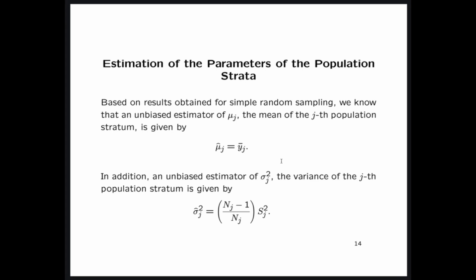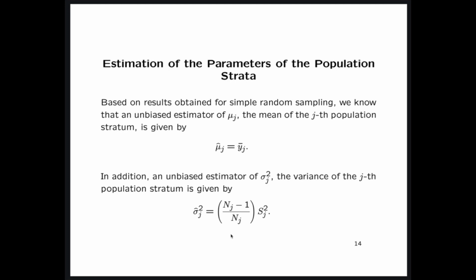In addition, an unbiased estimator of sigma squared sub j, the variance of the jth population stratum, is given by this expression. Notice that it's not just the variance of the sample that's selected from stratum j, but it's equal to cap N sub j minus 1 over cap N sub j times the variance of the sample that was selected from stratum j. This result comes directly from what we learned in the module on simple random sampling.